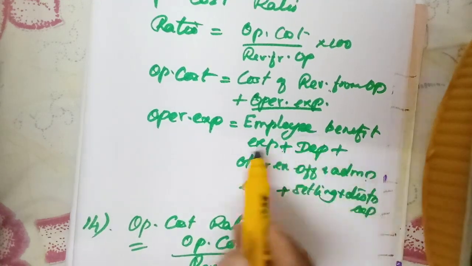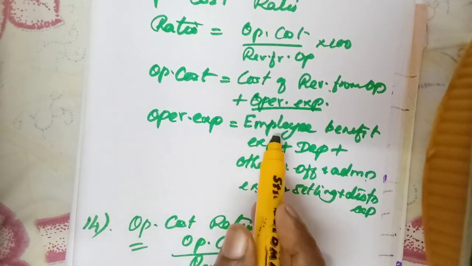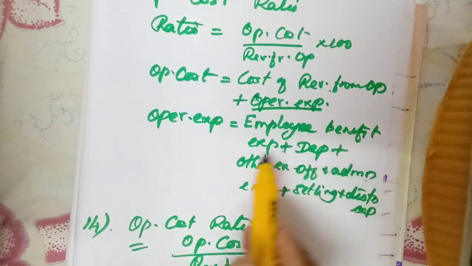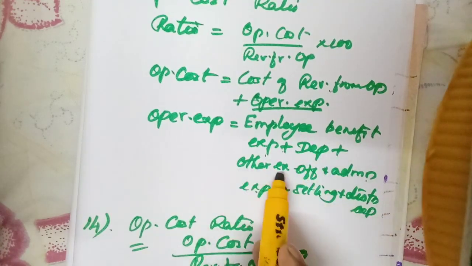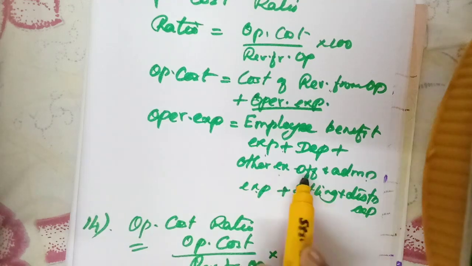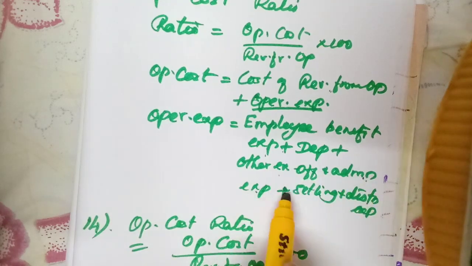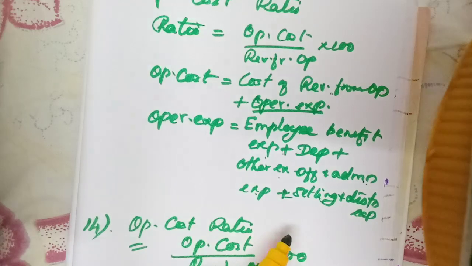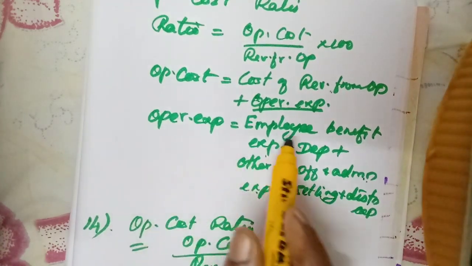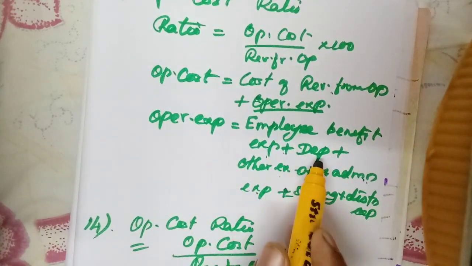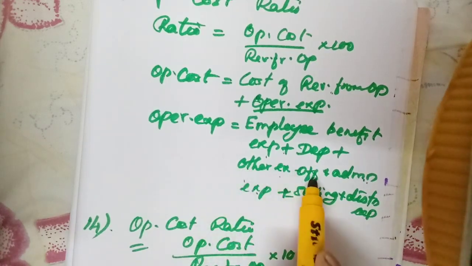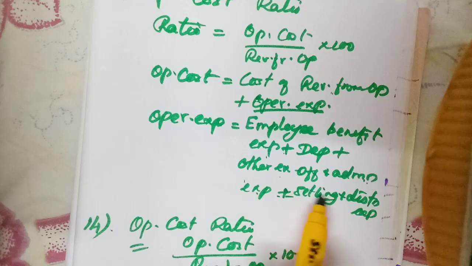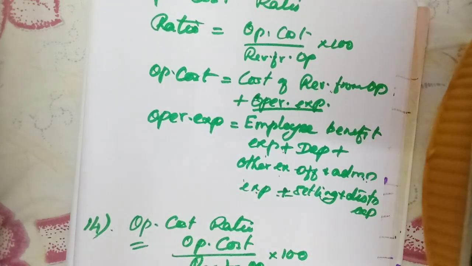Employee benefit expenses, that you should remember, plus depreciation, plus other expenses related only to office and administration and selling and distribution. Remember the operating expenses: employee benefit expense plus depreciation plus other expense. Forget other expense, only what? Office and administration and selling and distribution expenses.